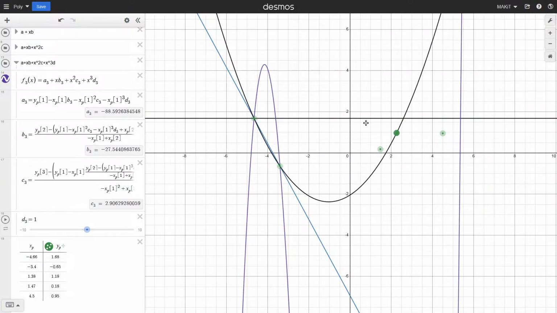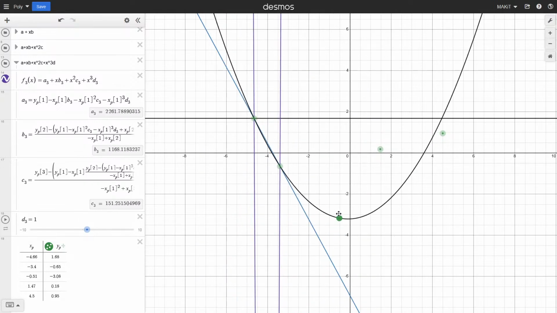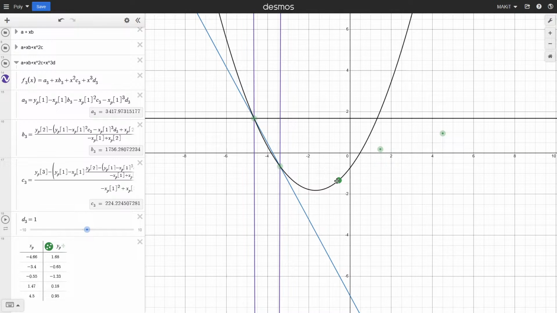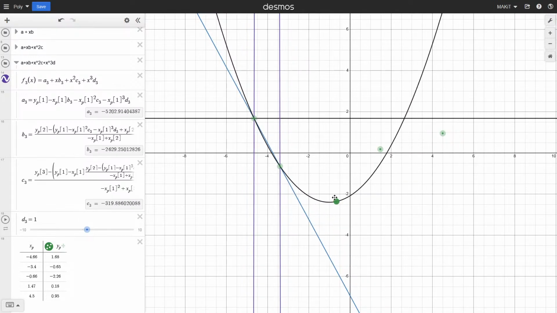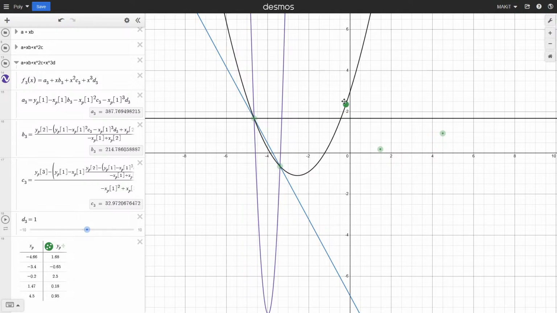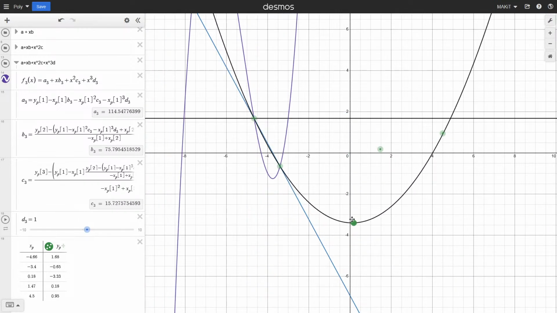Wait, let me actually check. No, because if we negate y, we would also negate the entire thing. Okay, C is definitely switching up the value as we go up and down. It just doesn't really bother the function.